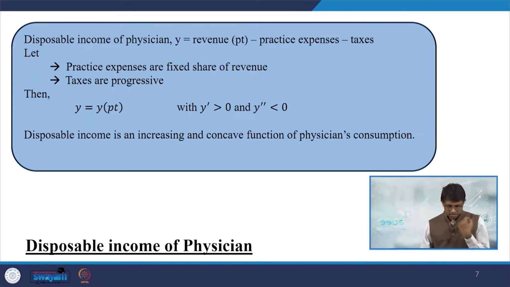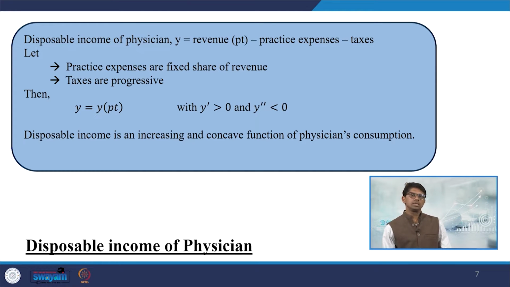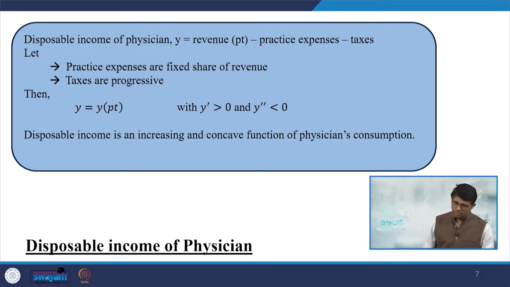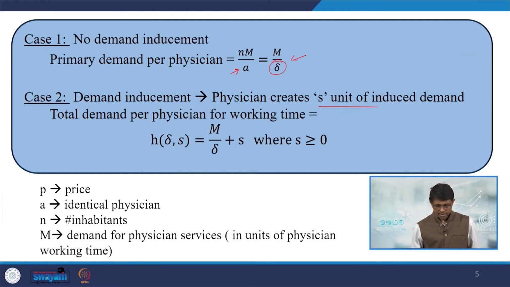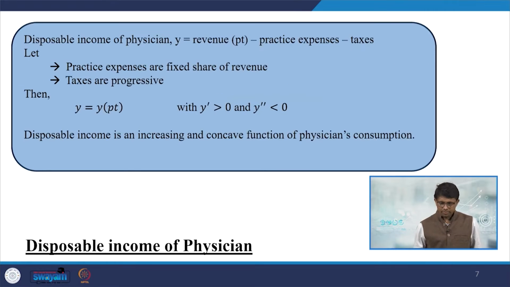Now we discuss the disposable income and how it is actually inspiring the physician, or the health units, to influence the demand. Disposable income of the physicians is largely a function of their revenue, which is basically P times T. P, as we have already discussed, is the price, and T is the time.